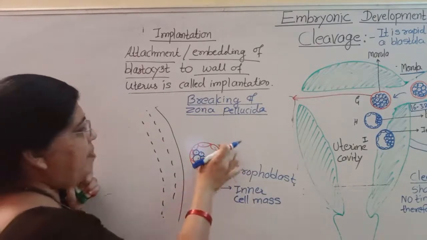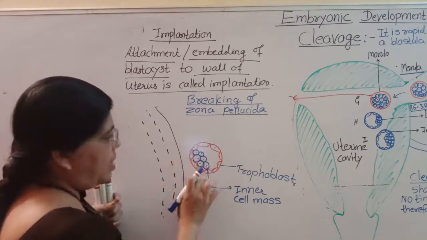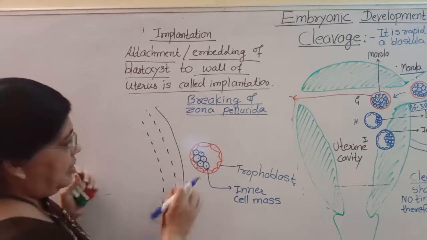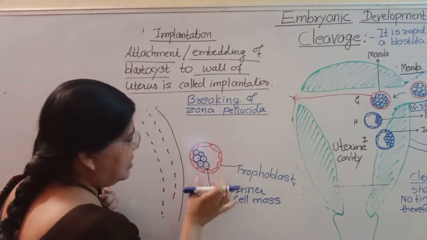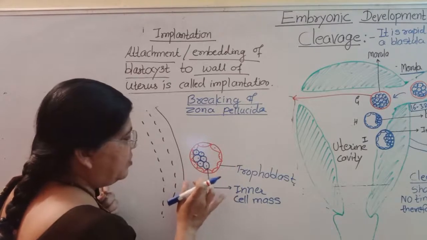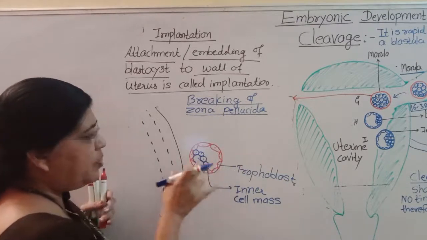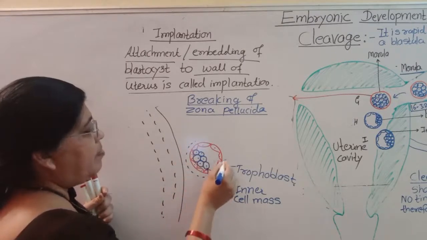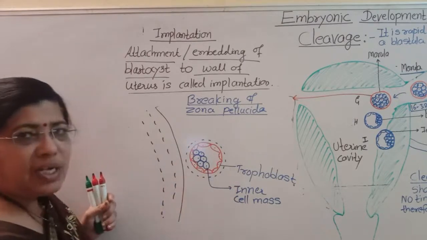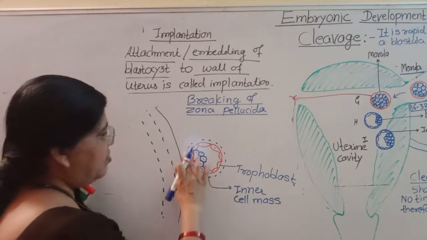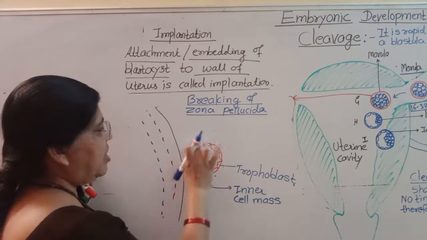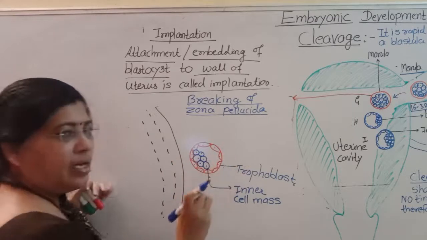Actually, the zona pellucida ruptures at the time of implantation. Trophoblast cells secrete a proteolytic enzyme, and this proteolytic enzyme breaks the zona pellucida. And now this blastocyst is ready for implantation.